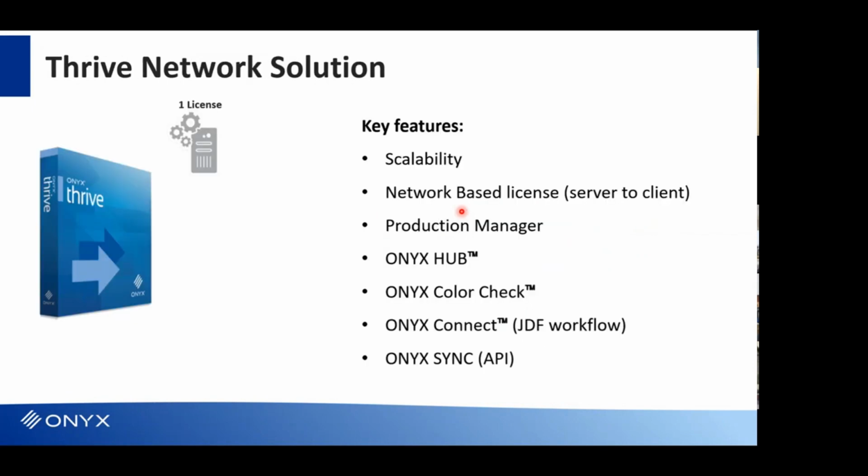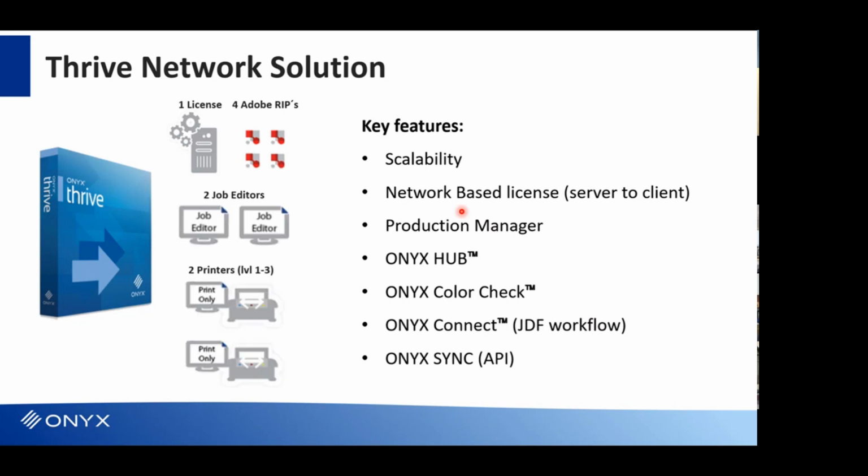Then we have our flagship product, as you can see, Thrive, which is a solution. What does it mean? It's a scalable server to client software, which I'll show examples of shortly. Here you can see only one license.